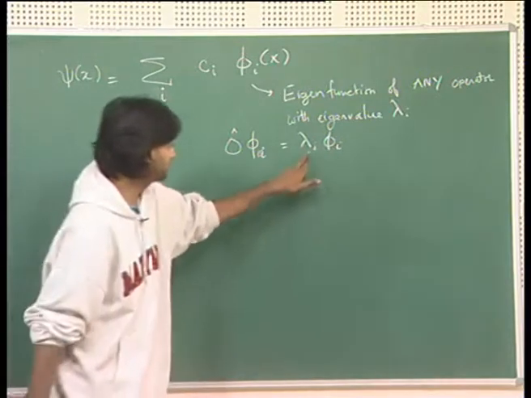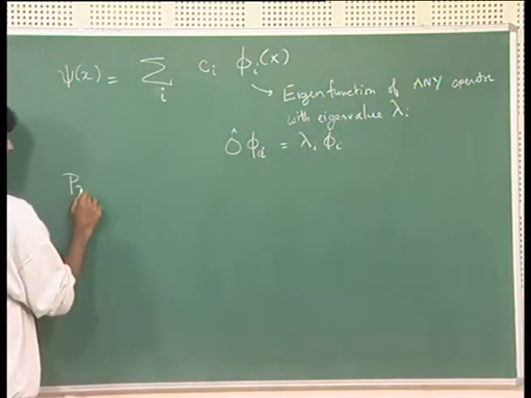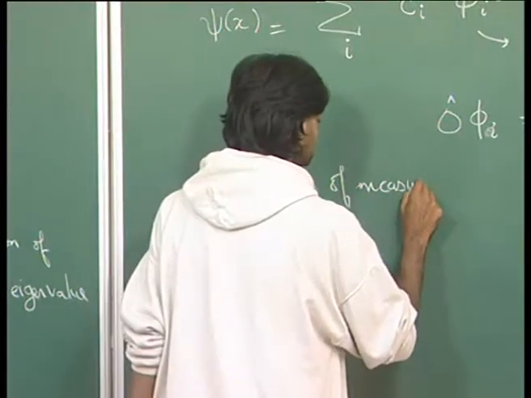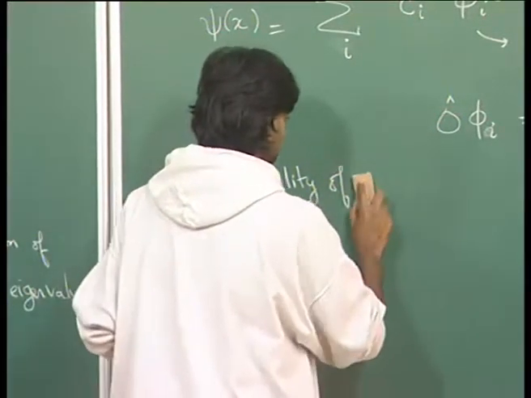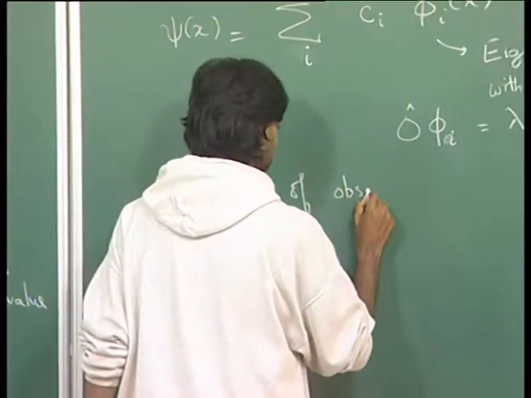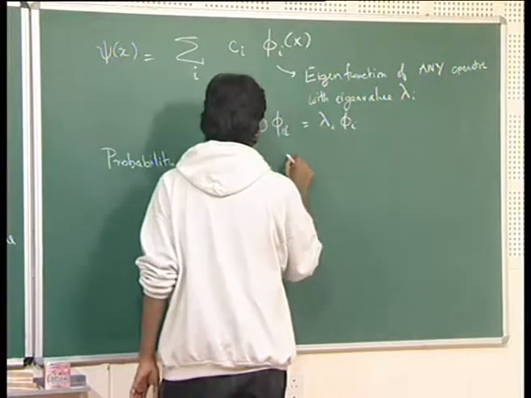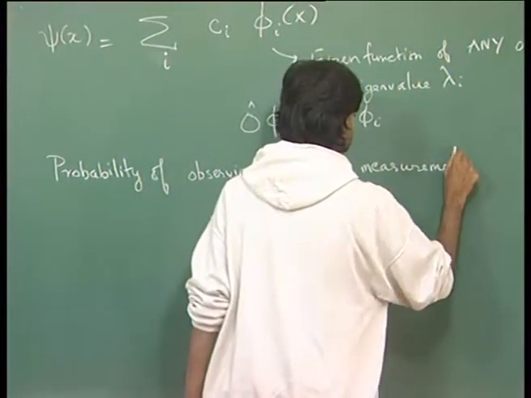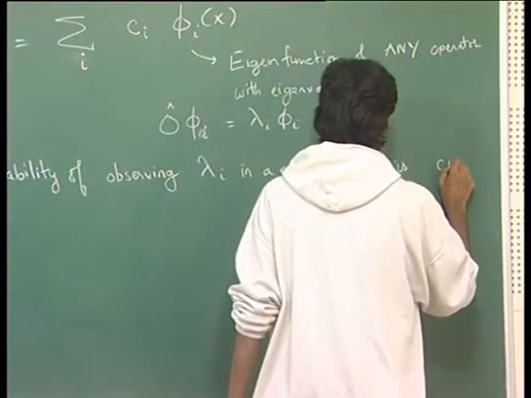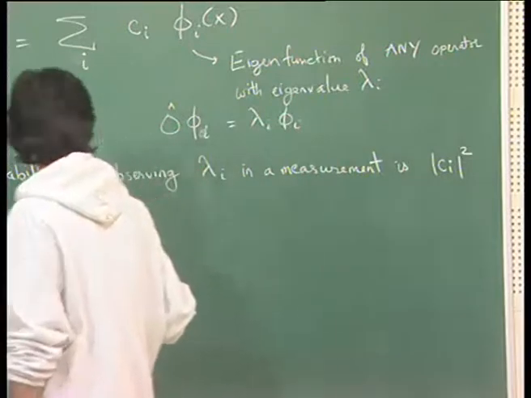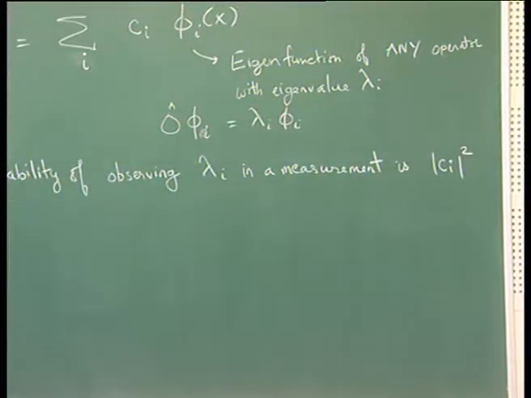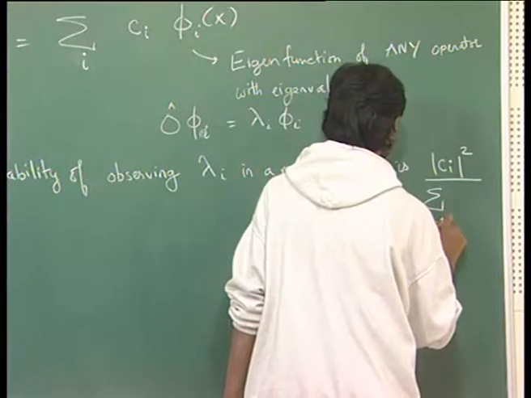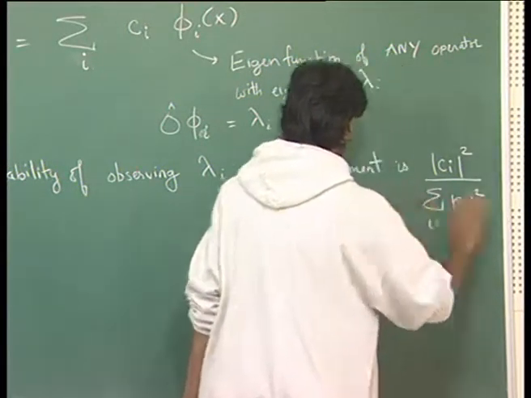And the probability of observing eigenvalue lambda I in a measurement is absolute value of C I square, suitably normalized.